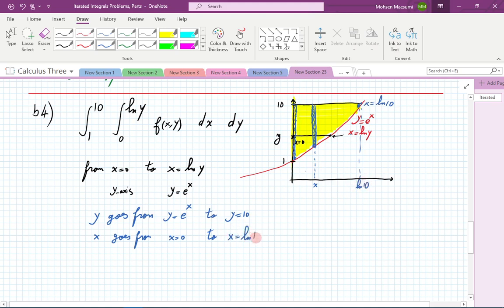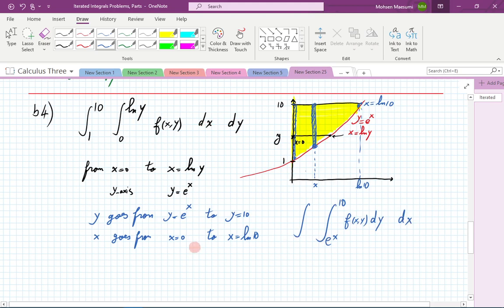The last place we are sweeping is logarithm of 10 here. So my double integral in the interior from this location to this location is the same as the integral from e to the x to 10 of f of x and y. Y goes first now, last goes x.